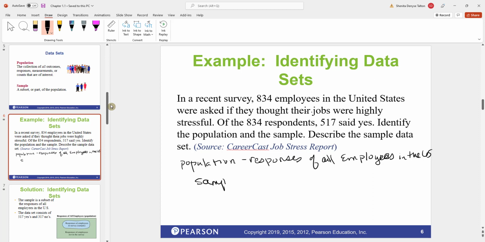The sample will be the responses of the people that they surveyed. So in this case, it would be the 834 employees in the survey.